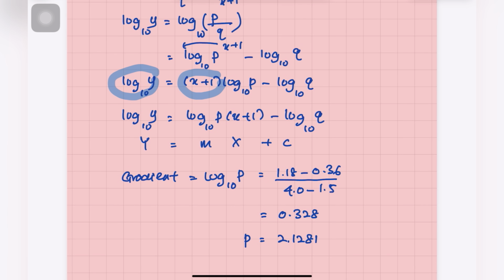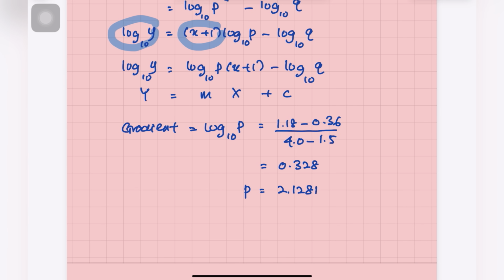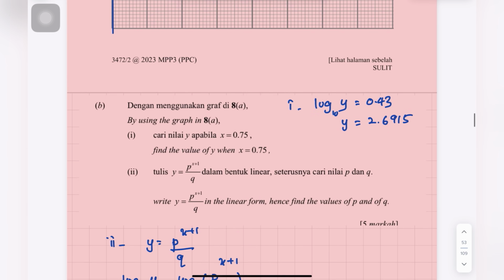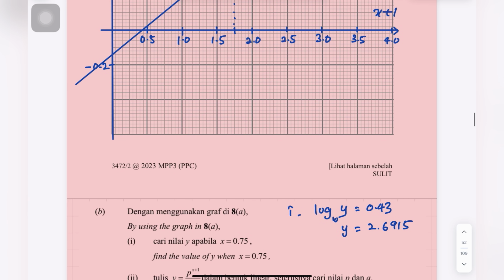For the value of q, it is the c, the intercept. So the intercept equals negative log q base 10. So we read from the graph. Here I got negative 0.14.